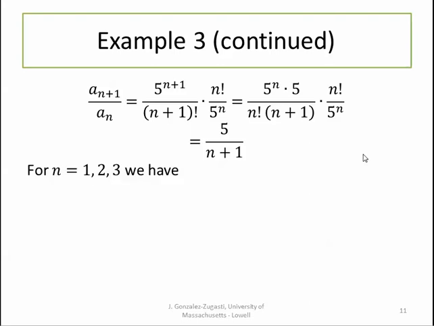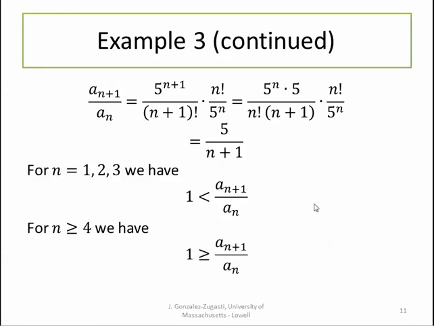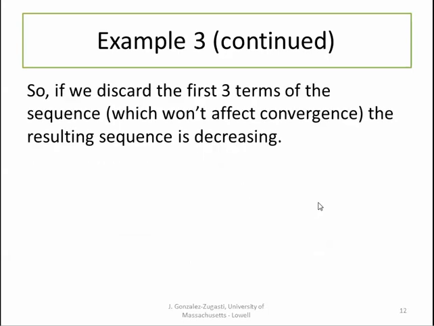Now when n is equal to 1, 2, or 3, then hopefully you can see that this ratio is going to be greater than 1. But if I look at n greater than or equal to 4, then that ratio is always going to be less than or equal to 1. So going back to what we said at the beginning of our proof, if we just ignore the first three terms of the sequence, then we know that our sequence is now decreasing, because what did we say?